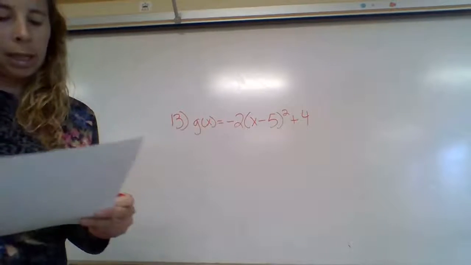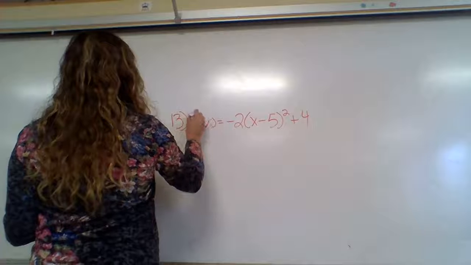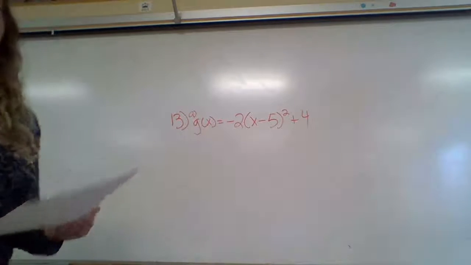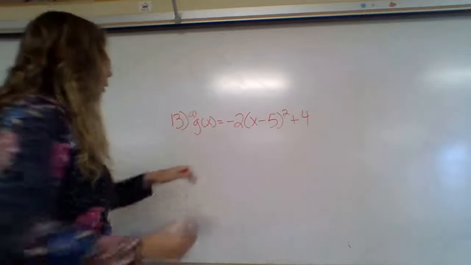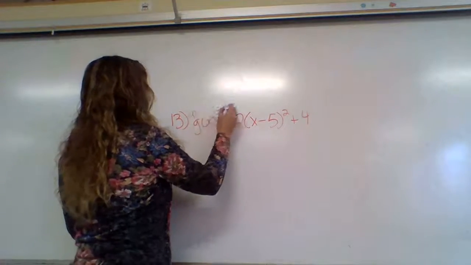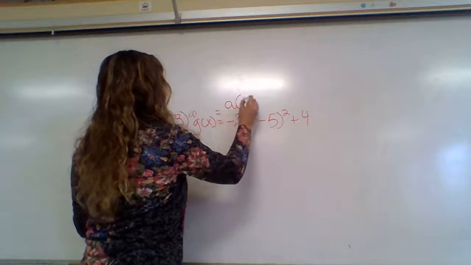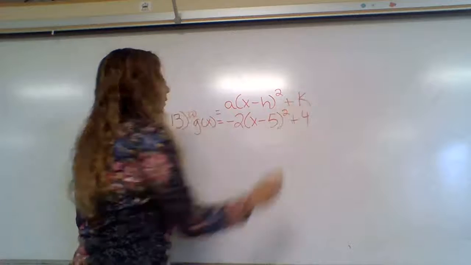Okay, number 13. You are describing, oh, this is 13A, my bad. Describing the transformations of the parabola. So 13A, it's in vertex form, which once again is a times x minus h squared plus k. That is vertex form of a parabola.